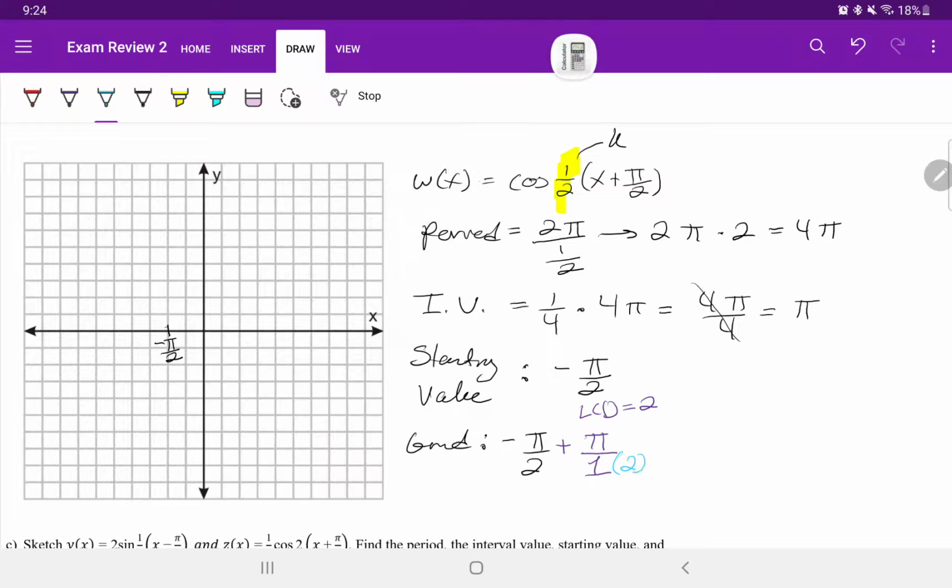So we're going to multiply 2 to the bottom and then 2 to the top. So that's going to be negative pi over 2 plus 2 pi over 2. This is my first grid value. And that's going to equal positive pi over 2.